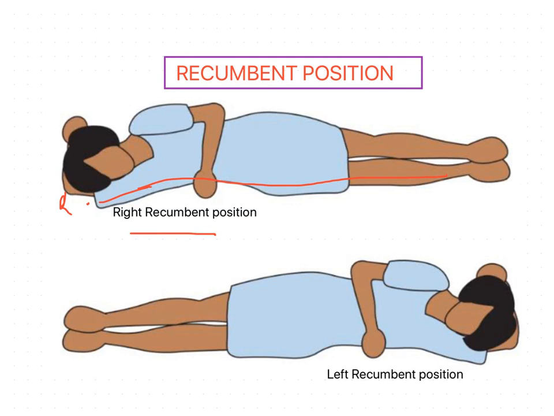Whereas in the case of the left recumbent position, the patient is lying on the left side. Here this is the left hand, you can observe, with the left side of the body touching the surface. So this is called the right recumbent position and the left recumbent position.